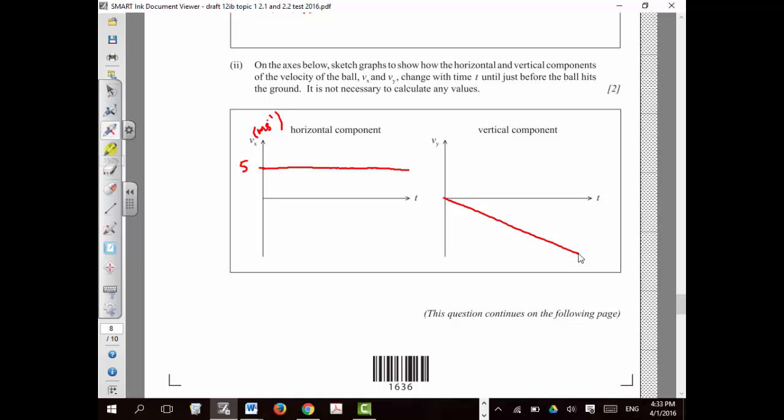Sorry, it's going to get bigger and bigger, but negatively, at a steady rate. By the way, in this question, you got full marks if you did it with a positive gradient, because the decision whether you use negative or positive is one that we make, and you can get the correct answer either way.